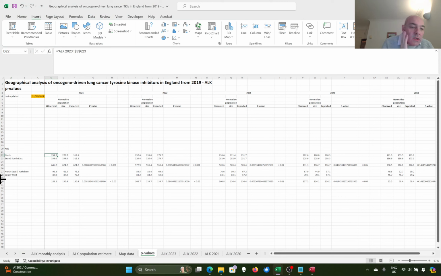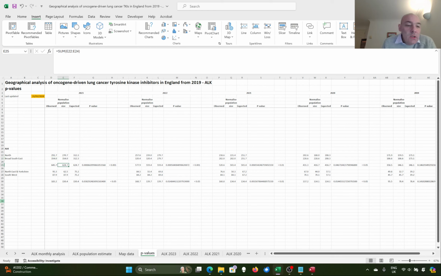So these were comparing the north with the broad southeast. These are the actual numbers of patients in those two regions. Now, as I said earlier, the north has a slightly higher population than the broad southeast, so I've normalized that north number, dividing by 26.39 million and multiplying by 24.49 million, so that's a comparable number with the broad southeast.